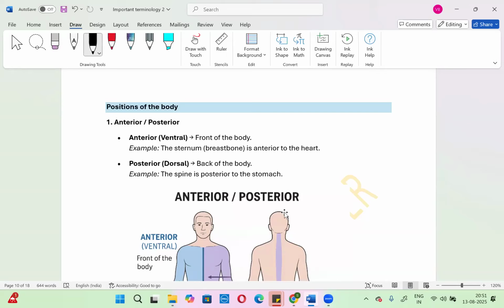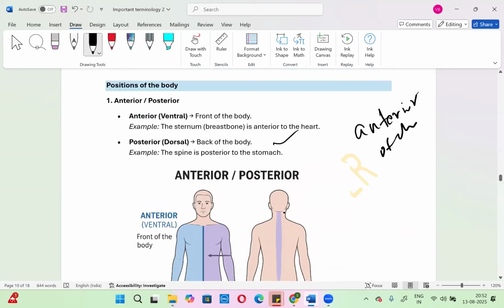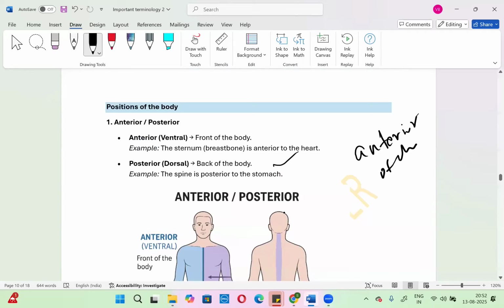He will mention, I started the procedure from the anterior side of the chest. That means what? Anterior means front side of the body. Posterior means back side of the body. So, knowing the positions of the body is very, very important. Why? Because you will come across these terminologies in the surgery coding, which is nothing but CPT coding. Okay, got it right?